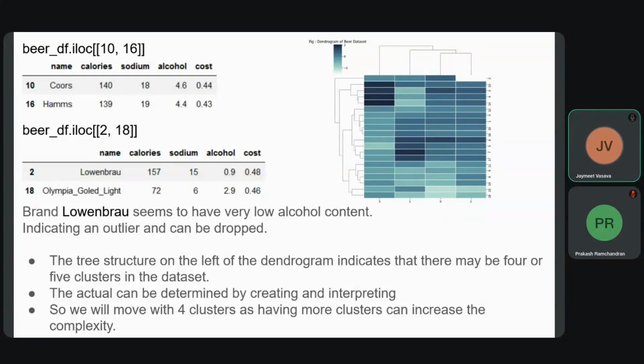The actual number of clusters can be determined by creating the clusters and interpreting them. We'll move further with 4 clusters, as having more clusters can also increase the complexity.